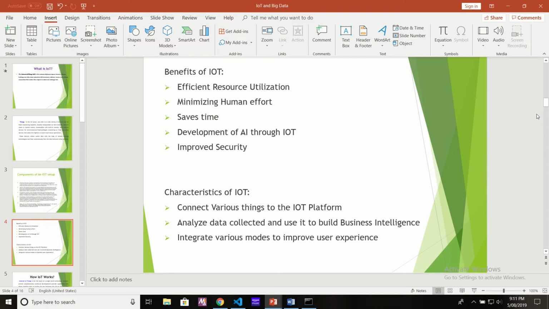In machine learning, in AI, the more data you have, the better the chances that the machine learning model will learn the patterns of the data. So more data, more learning outcomes, it learns better, you'll get higher accuracy rates. So if every device is connected to the internet, you get huge amounts of data.